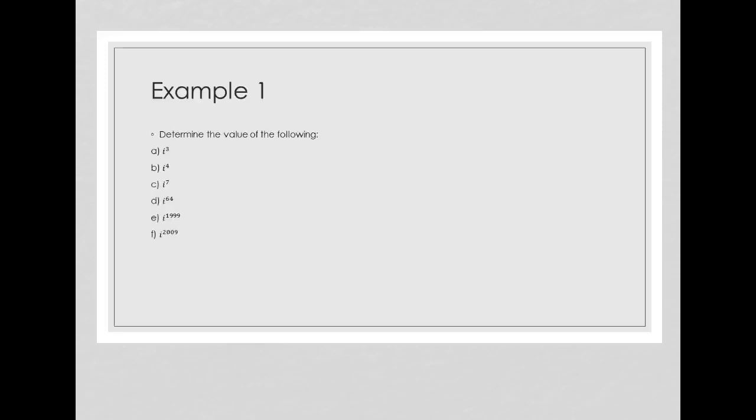So for C, it is i to the power of 7, which I can break up into i to the power of 4 times i to the power of 3. Right, in the previous two answers, we saw that i to the power of 4 is 1, and i cubed is equal to -i.